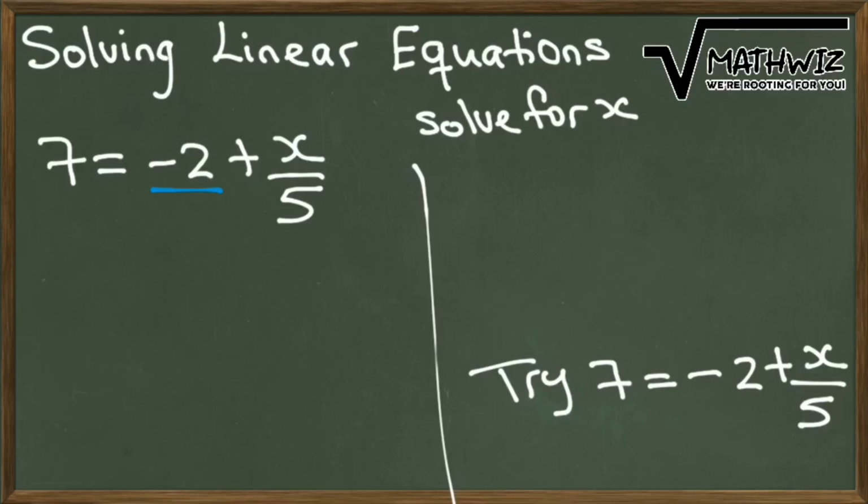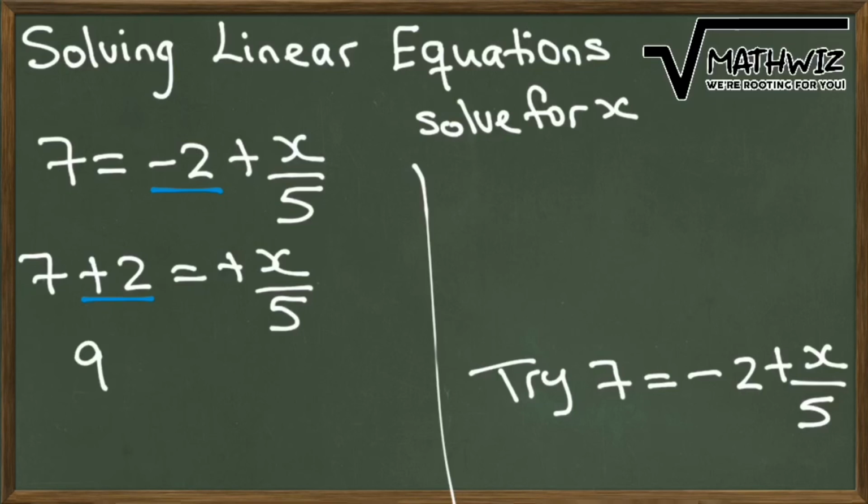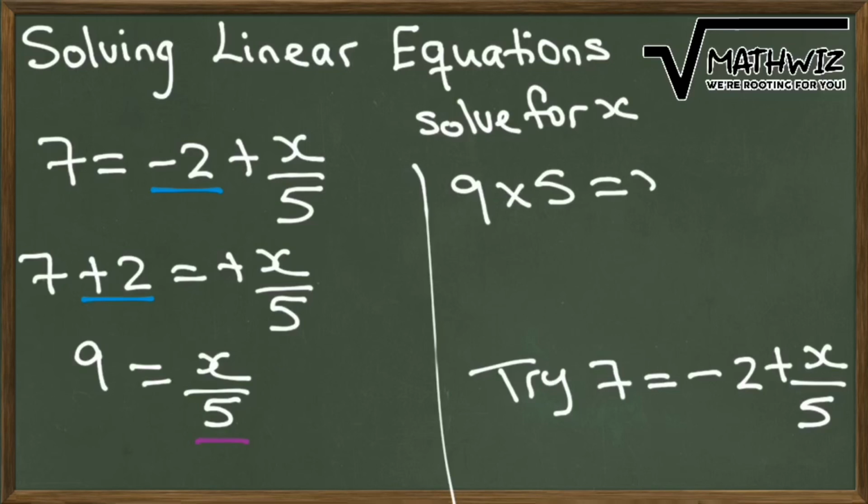So the -2 becomes +2. And so 7 plus 2 is going to give us 9. And the 5, which is divided, when we take it across, we will multiply. So 9 times 5 is going to give us 45.